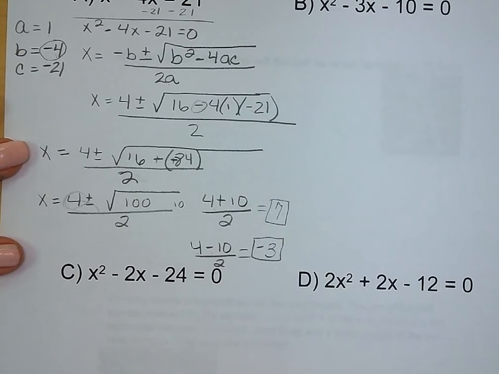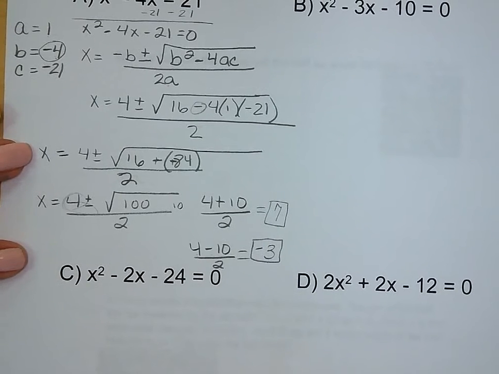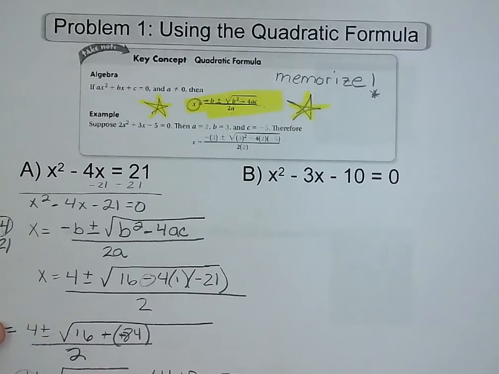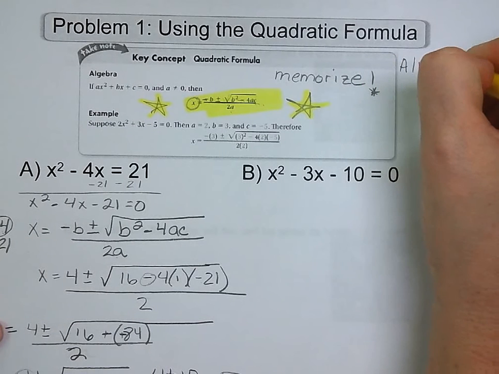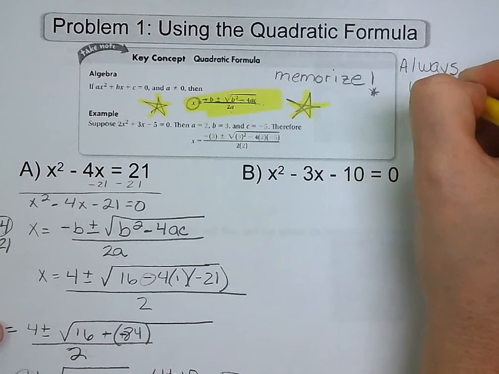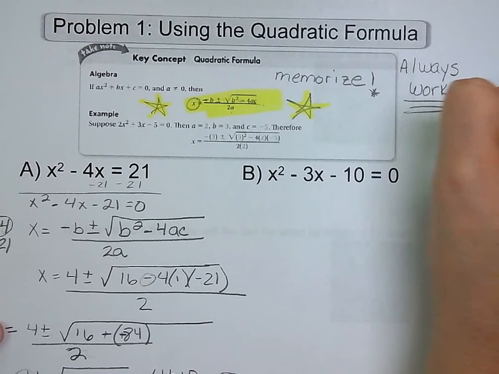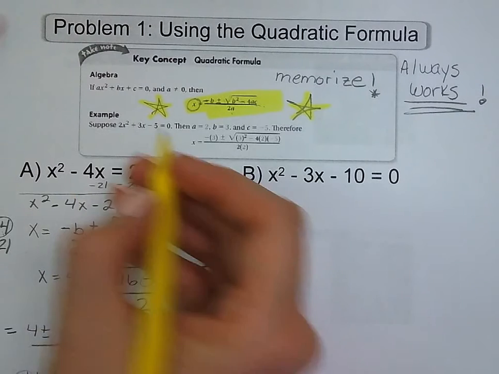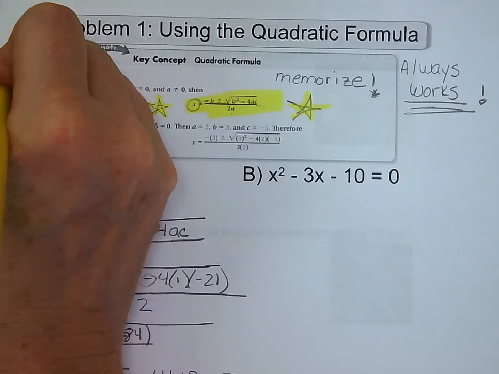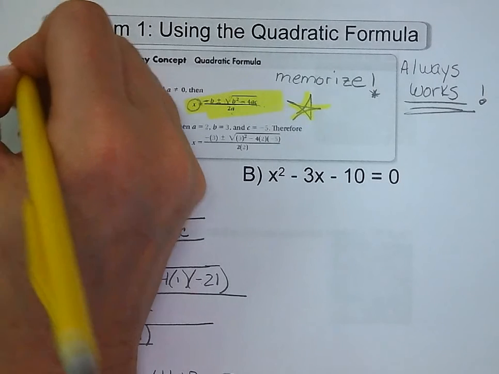Now the quadratic formula will work for all quadratic equations. Every single quadratic equation can be solved using the quadratic formula. Now sometimes it's a lot of work. If you look at x squared minus 4x minus 21, you might notice that you could factor that, and it'd be x minus 7 and x plus 3.